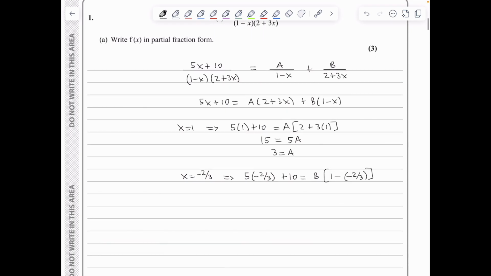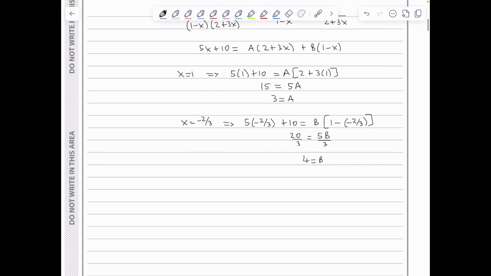So we get that 20 over 3 is equal to 5B over 3, and obviously this makes B to be 4, and the only thing missing is to write down the partial fraction decomposition. So we're looking at (5x + 10) over (1 - x)(2 + 3x) being equal to 3 over 1 - x plus 4 over 2 + 3x.